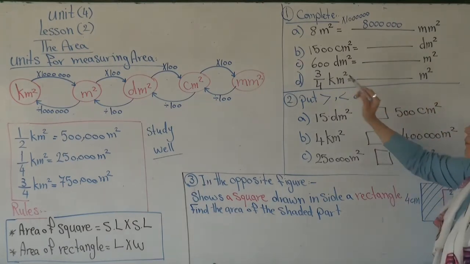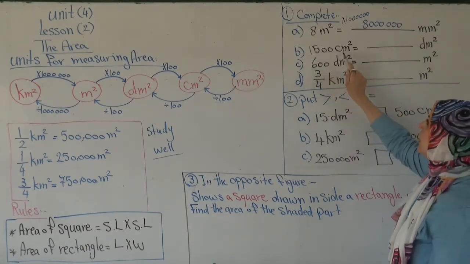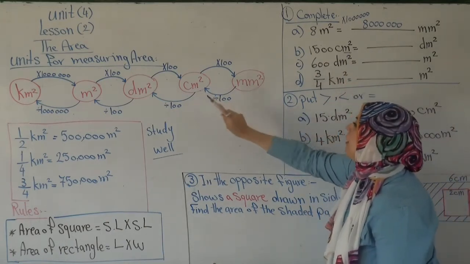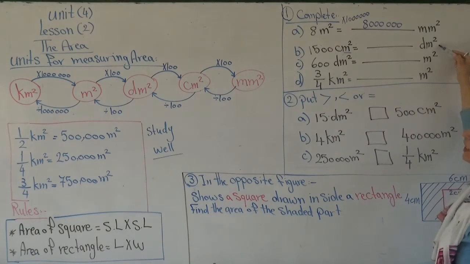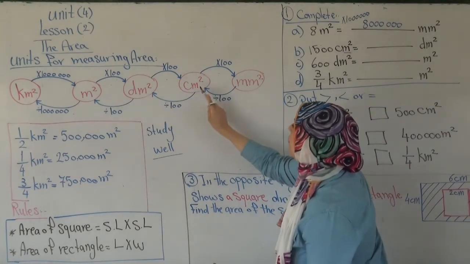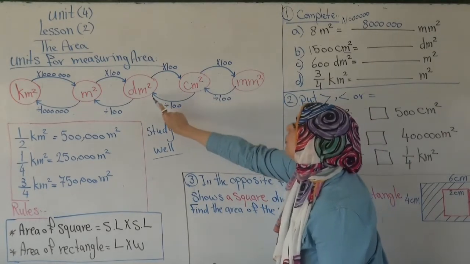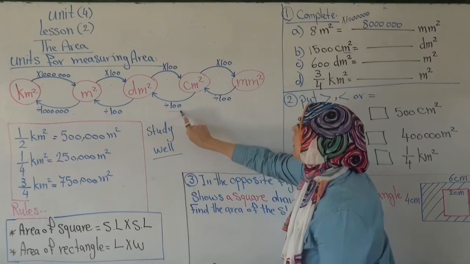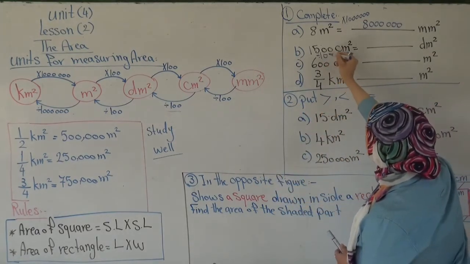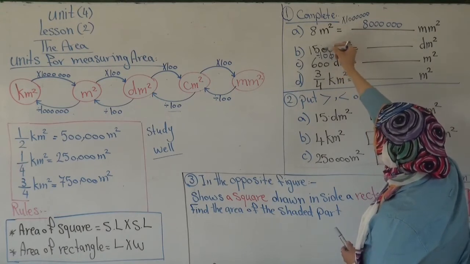Okay, B, 1,500 centimeter square. Look at centimeter square, go to decimeter square. Is this divide or times? Divide, from the smallest to the greatest. From centimeter square to decimeter square, divide 100. Cross the zeros.